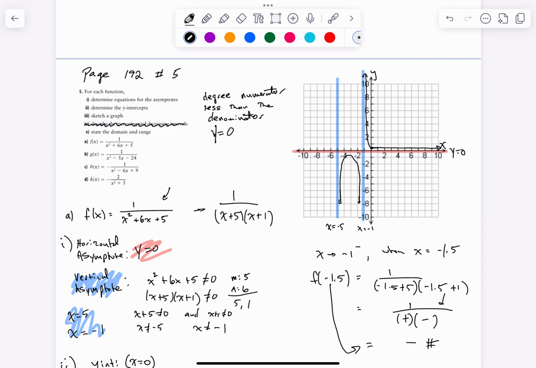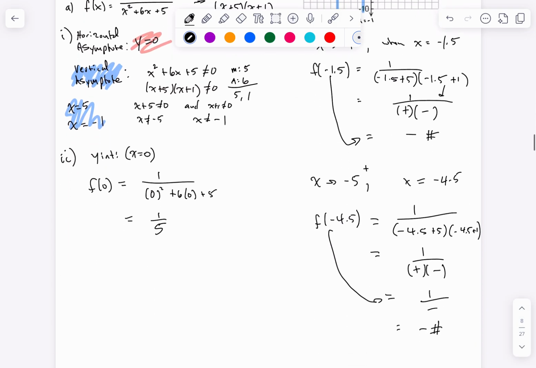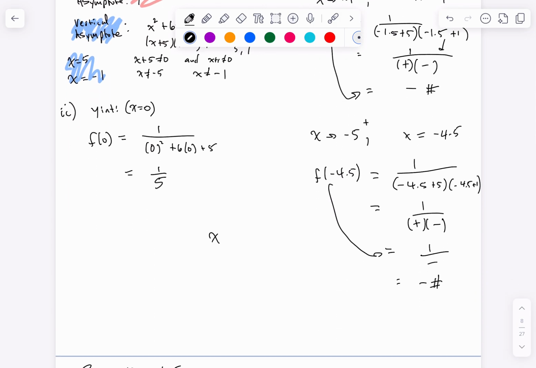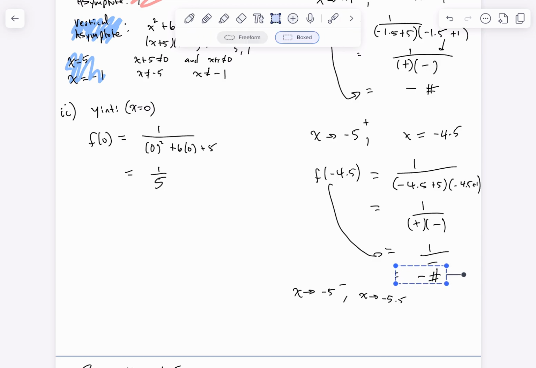If I check something on the left side, so where's the graph as x goes to negative 5 from the left. Something like if x was negative 5.5, that would be a number on the left side of negative 5.